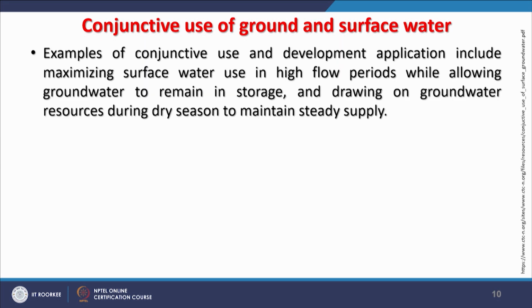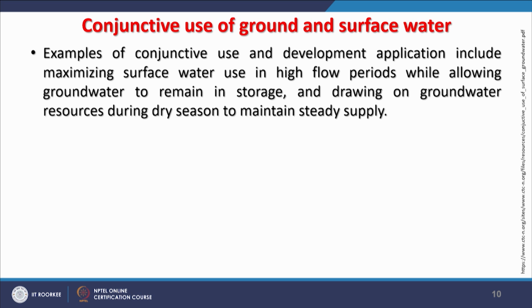Now, examples of conjunctive use and development application include maximizing surface water use in high flow periods. When you are having a lot of surface water, use it, while allowing groundwater to remain in storage.